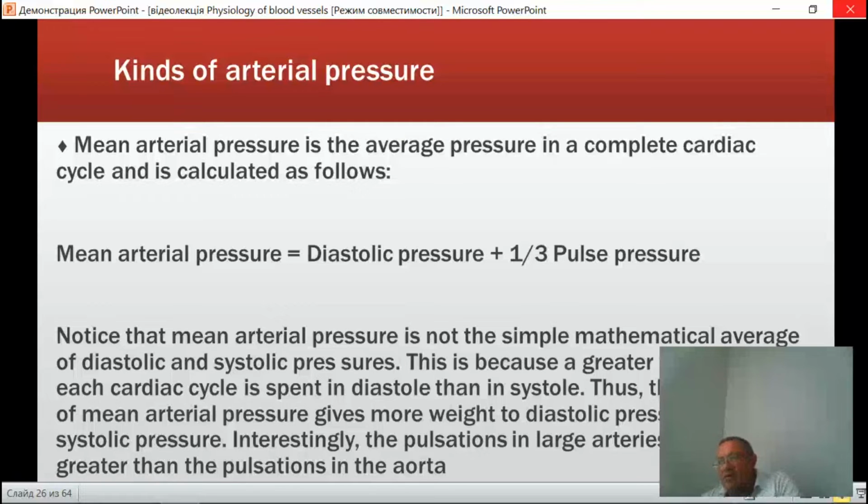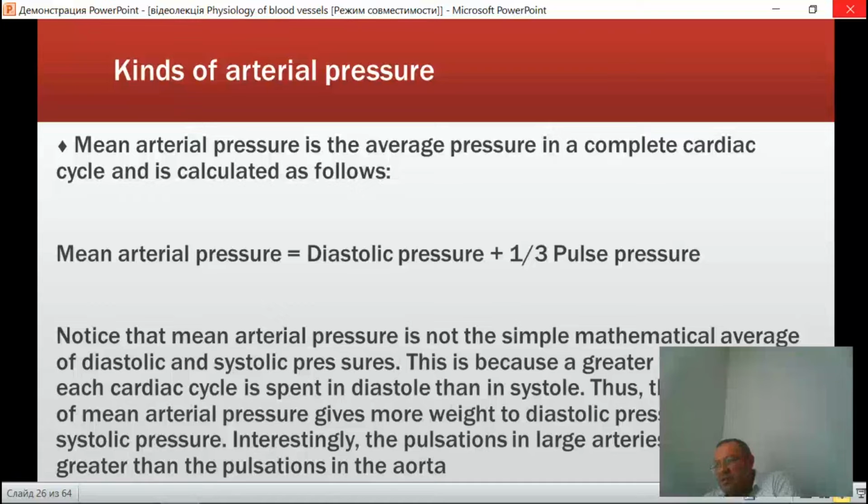Next, information about mean arterial pressure. It is the average pressure in a complete cardiac cycle and is calculated as follows. Mean arterial pressure equals diastolic pressure plus 1/3 pulse pressure. Notice that mean arterial pressure is not the simple mathematical average of diastolic and systolic pressure.